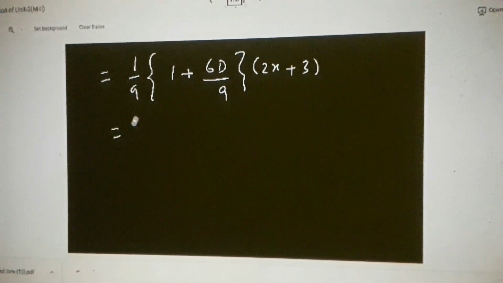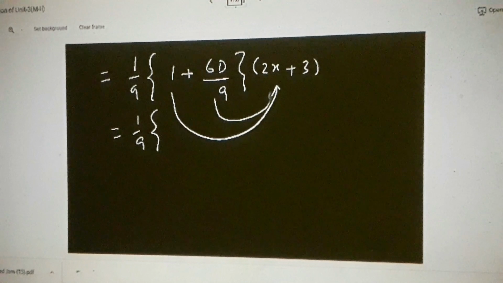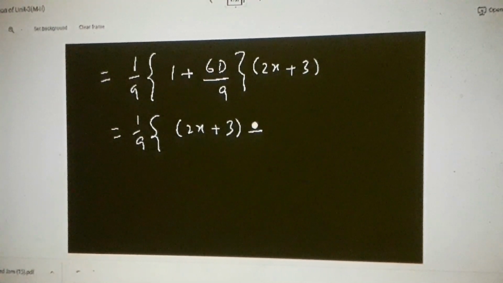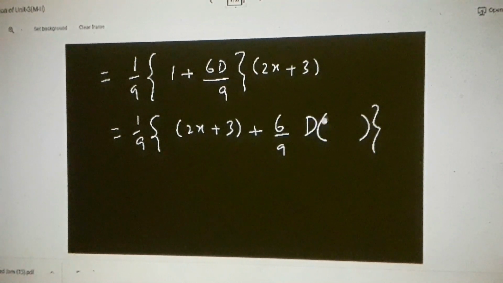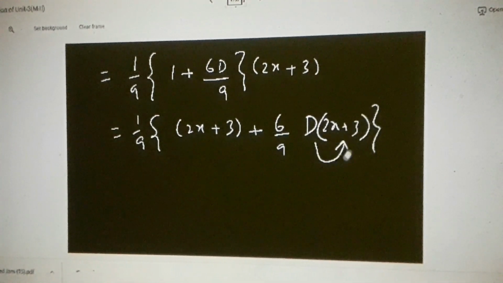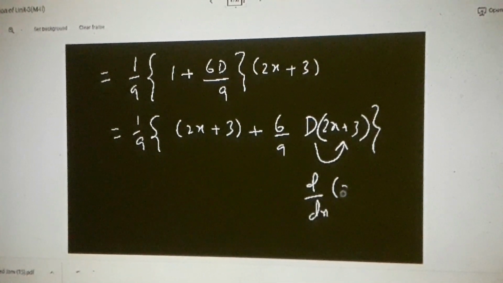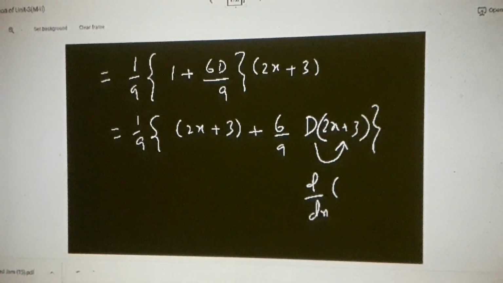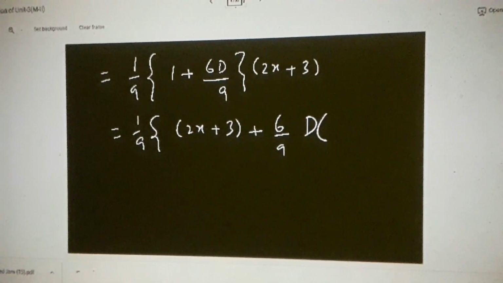Now this is 1 by 9 times 1 times this one, and then this times this one. So what we'll be getting is 1 times this 2x plus 3, that is 2x plus 3, plus 6 by 9 times d of this 2x plus 3. D of this is nothing but d by dx of 2x plus 3, which is simply 2, the derivative of 2x plus 3. So I am writing just 2.